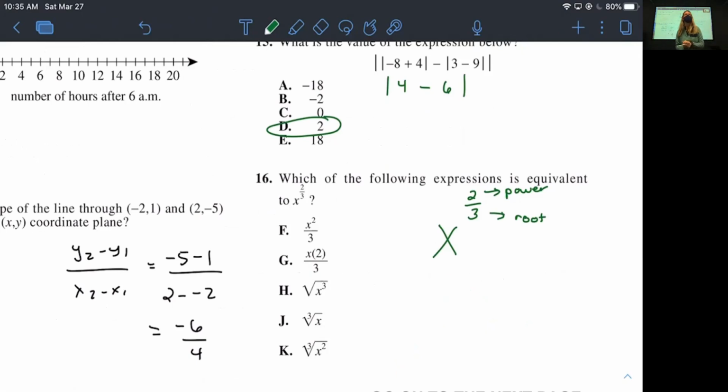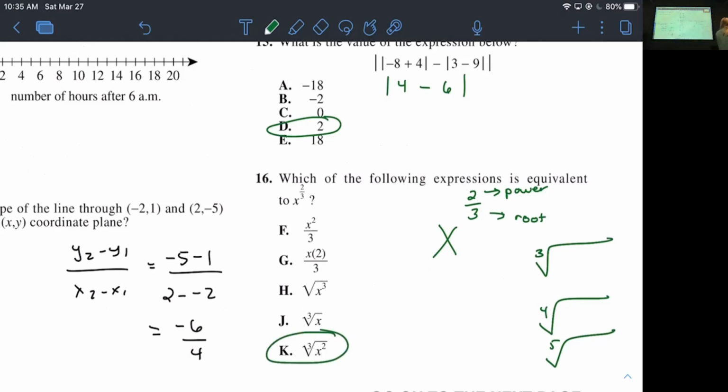You know what I mean by cube root? Roots look like that. So that's a cube root, that's a 4th root, that's a 5th root. We want a cube root and an x squared. Which one has a cube root and an x squared? Okay. All right.